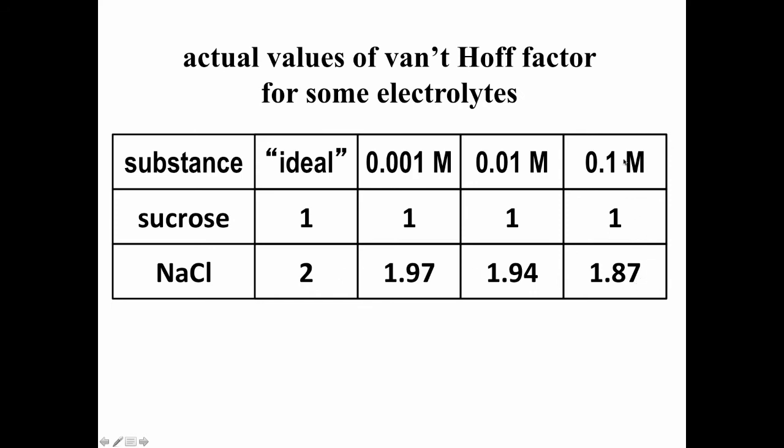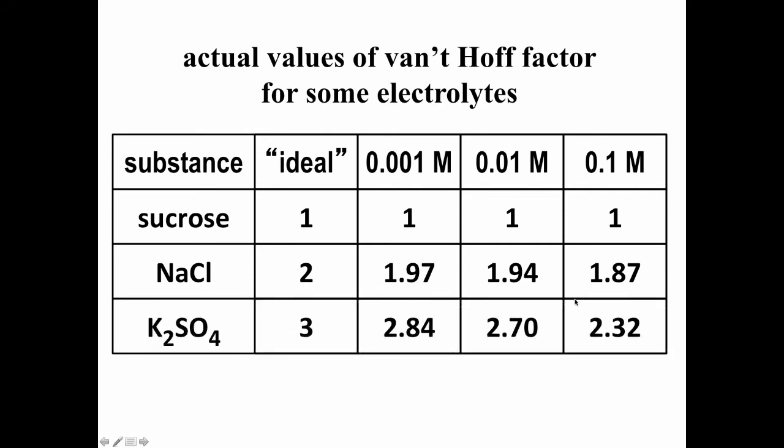This is because as the solution gets more concentrated, there are more solute particles in the solution, and at any given instant it's more likely that a couple of those solute particles are stuck together or so close together that they basically behave as one particle, and that effectively reduces the concentration of individual particles. And this gets more and more the case as the solution gets more concentrated. And here's one more example, potassium sulfate. Ideally 3 particles, but as the solution concentration goes up, the Van't Hoff factor actually decreases somewhat significantly for the reason just discussed.